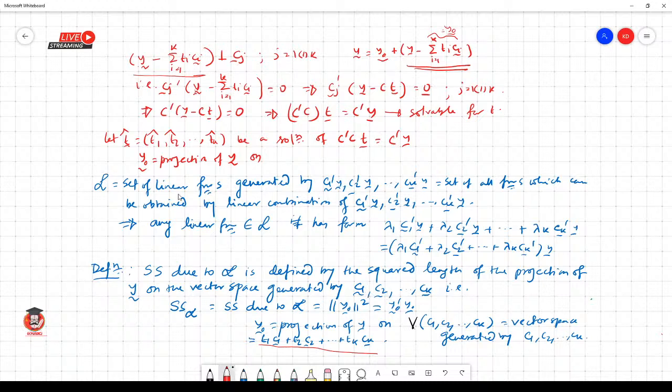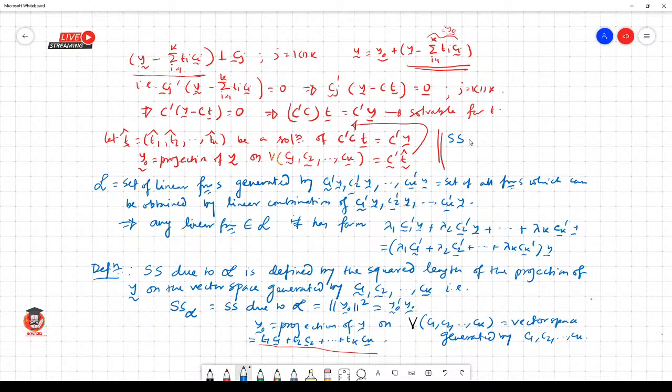So y naught is a projection of y curl on V, C1 curl, C2 curl, ..., Ck curl, which is equal to C curl prime T curl hat, where T curl hat is obtained from this equation.